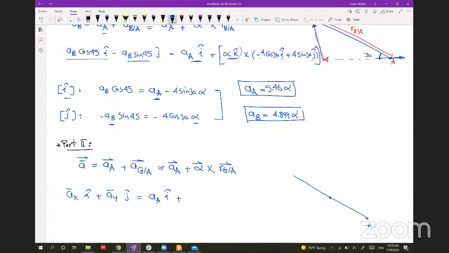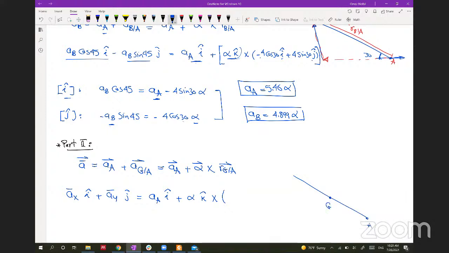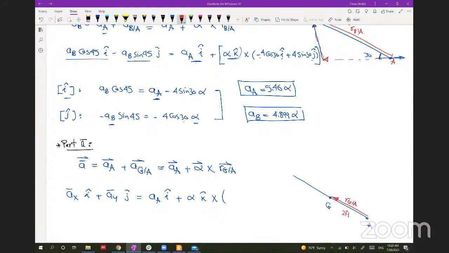And plus alpha in the K hat crossed by RG with respect to A. So this is G, and this is A, and this is RG with respect to A. It will have 2 feet length, and it has the same direction like this.